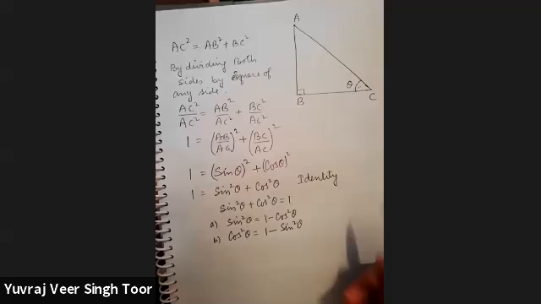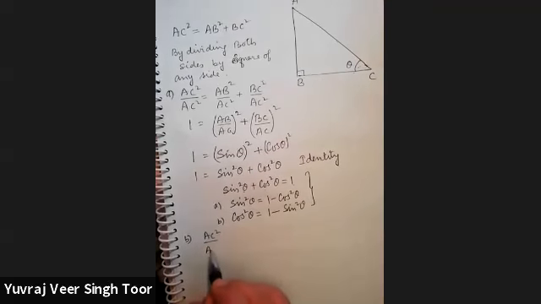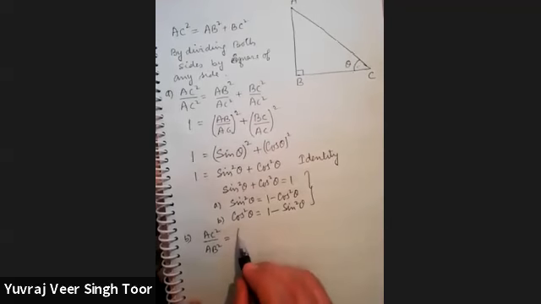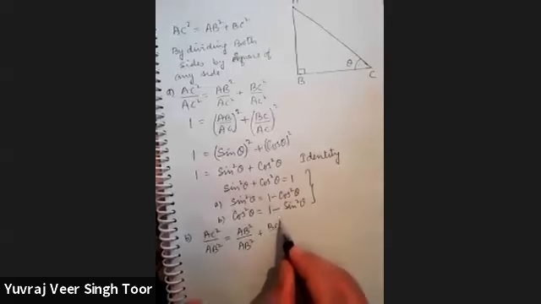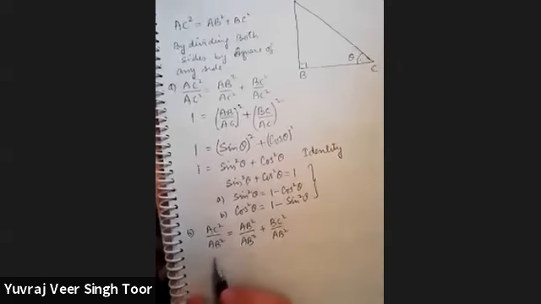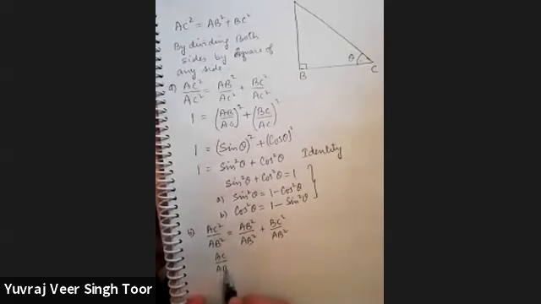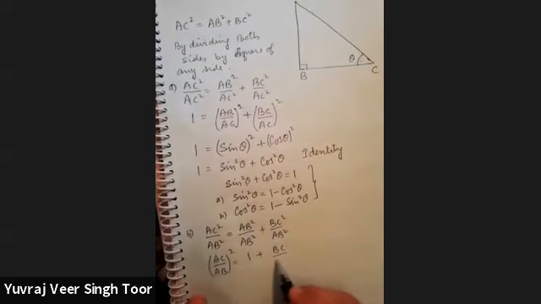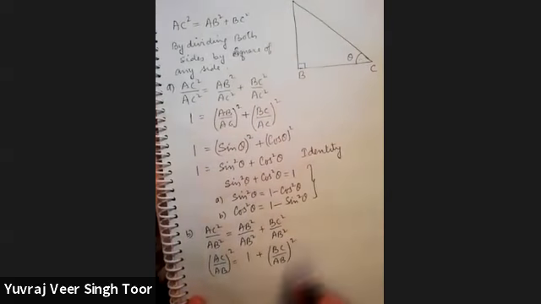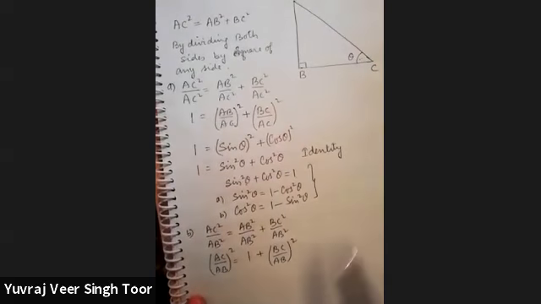The second case: AB square, or the other side also you can do, whichever you feel like. AB square by AB square, BC square by AB square. So AC square by AB square is the ratio, and AB square by AB square is 1, and BC square by AB square. So what is AC by AB?